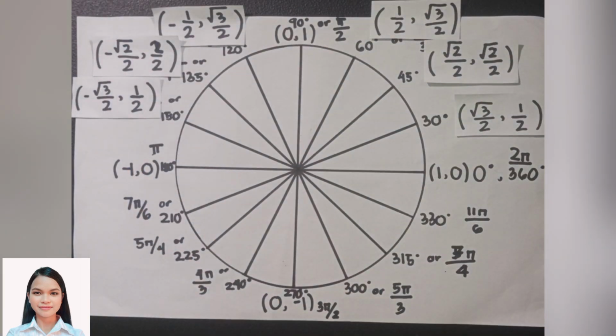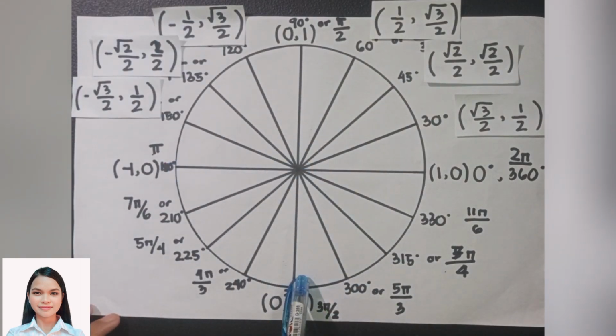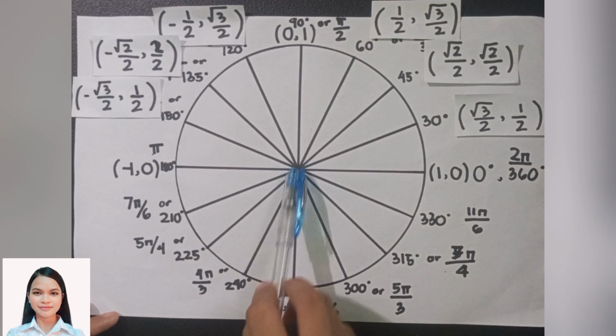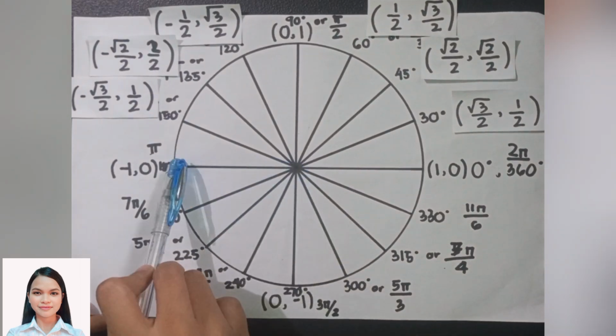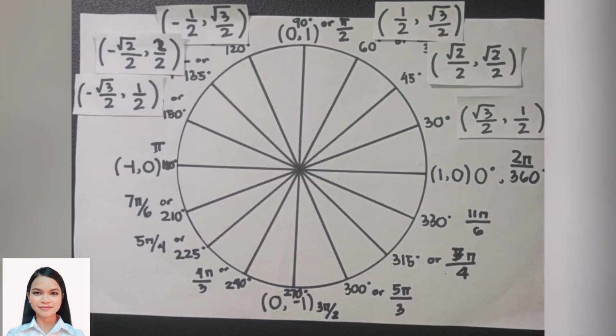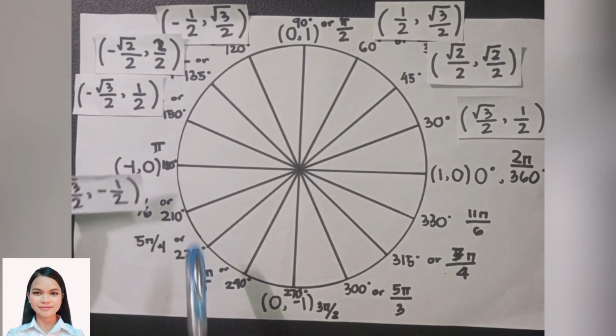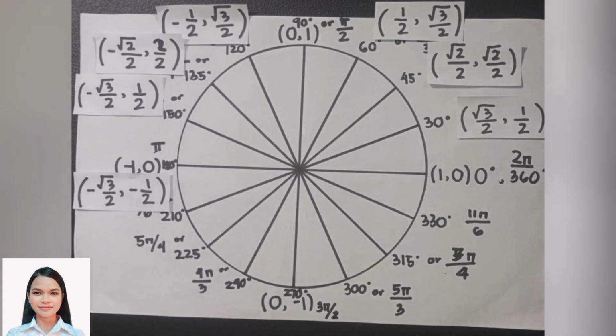So for the third quadrant, which is right here, the x is negative and the y is also negative, as quadrant 3 lies in this area where the x is negative and also the y-axis is negative. So for 210 degrees, the ordered pair is negative square root of 3 over 2 and negative 1/2.